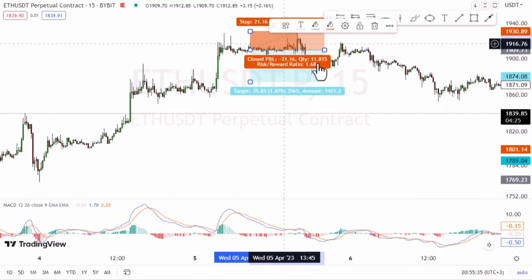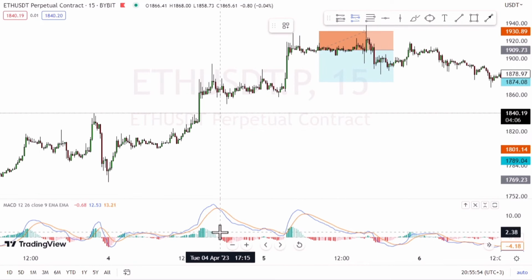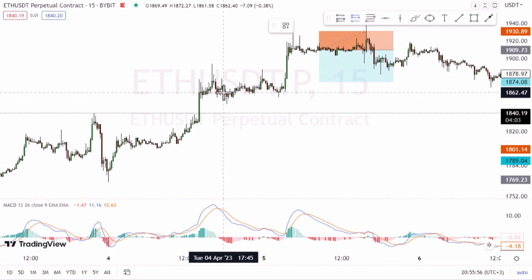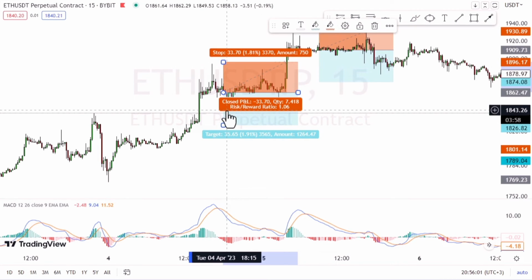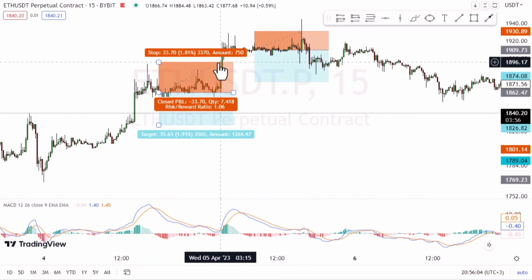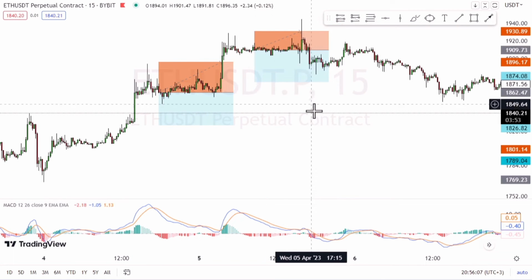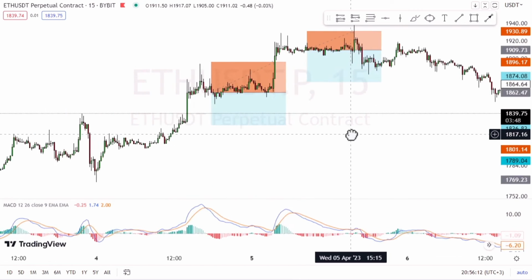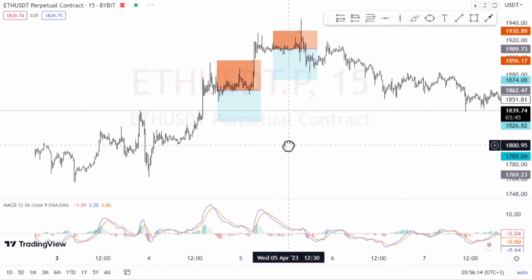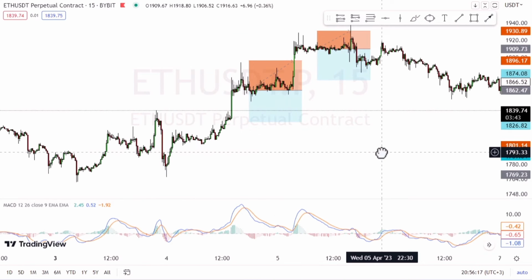Or another one here. If you wanted to take a short trade here after the cross of the MACD with the signal line, and you have a red histogram and you wait for a red candle here, and it was engulfing, but it didn't work out, it didn't go down, and it hit our stop loss. So two losses after each other.